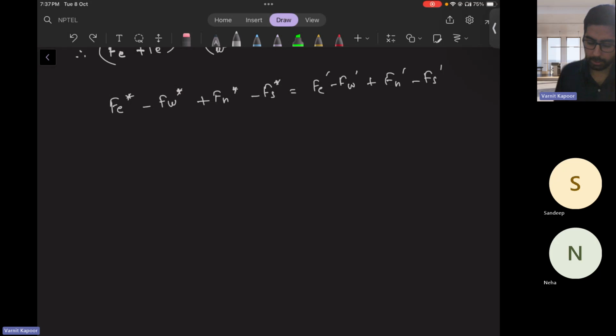So if you substitute back, let me write here dash values and here star values.